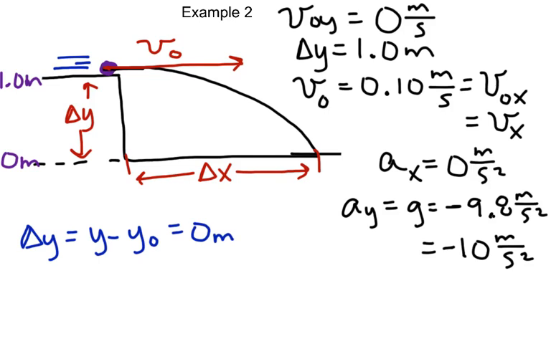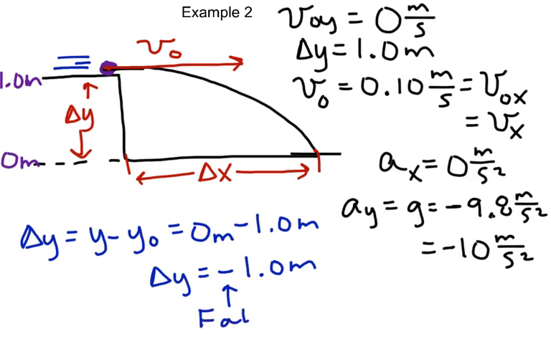And when it initially starts off, when it comes off the cliff, it starts at 1.0 meters. So my delta y is actually going to be negative 1.0 meters. That negative indicates that the ball is moving in a negative direction, in this case falling down in the y direction.